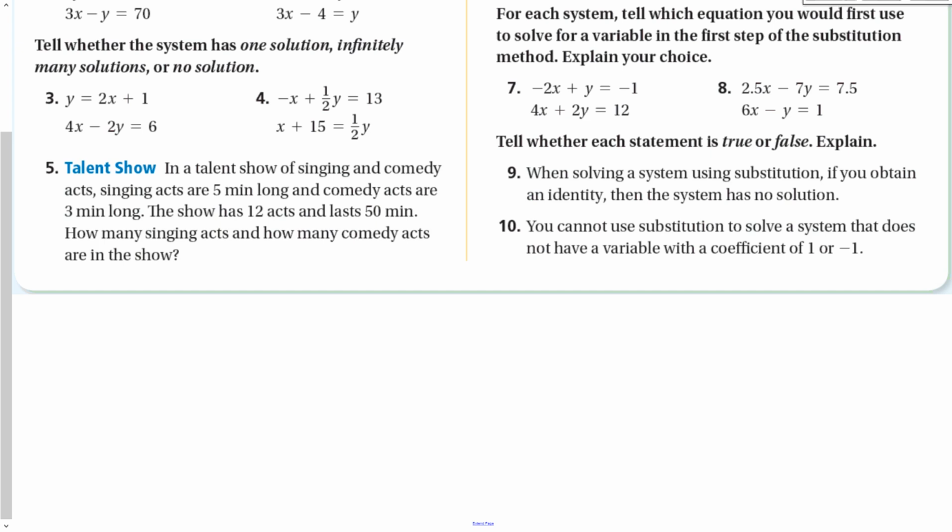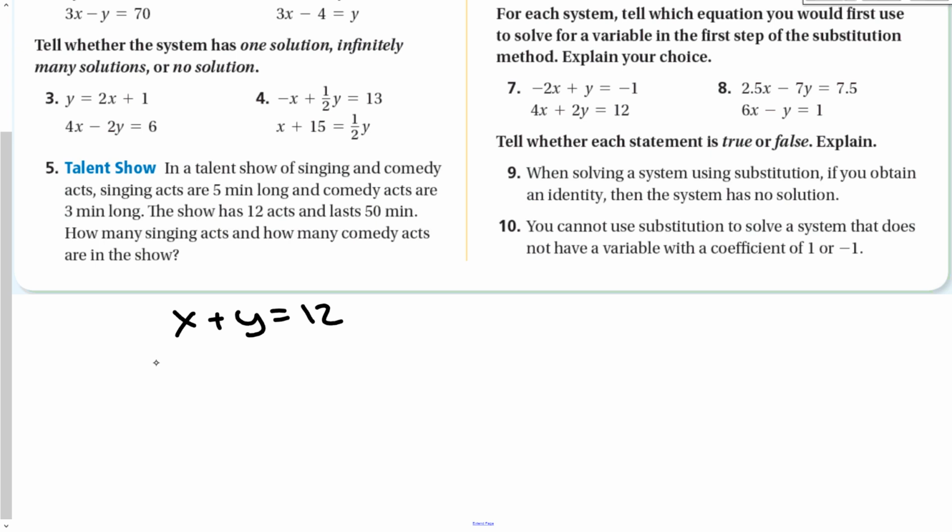Let's set up the equation for number 5. In a talent show of singing and comedy acts, the singing acts are 5 minutes long, comedy acts are 3 minutes long. The show has 12 acts and lasts 50 minutes. So it means both acts together give me 12.